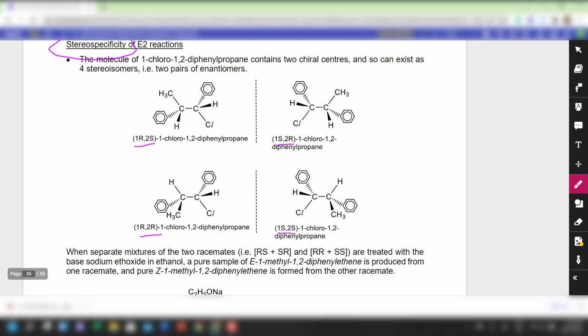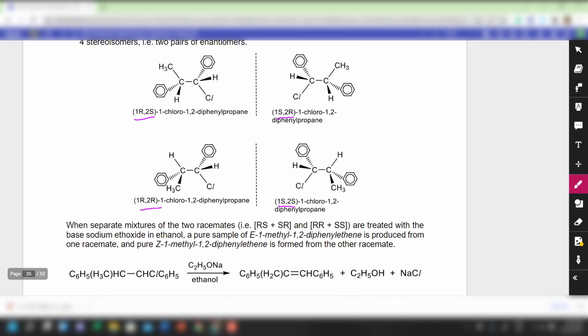So here what we are saying is that both 1R,2S and 1S,2R, when I treat them with ethanolic KOH, what I'm going to get is the pure E product, and then the other one I'm going to form the pure Z product.